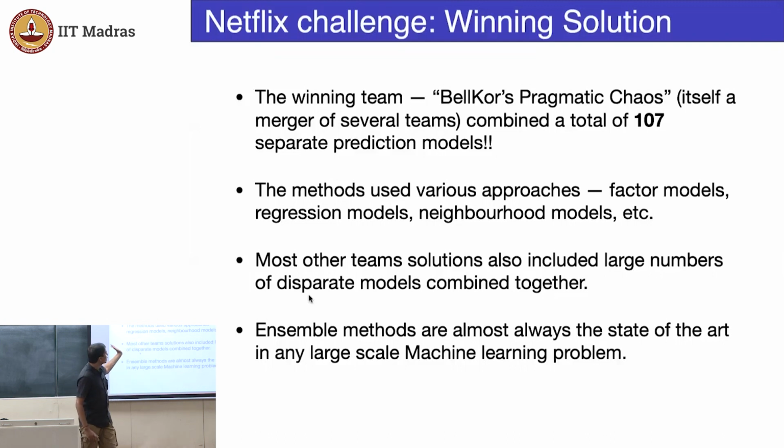And each method uses a different approach. There are several things you can use for recommender systems, like factor models, regression models, neighborhood models, and so on. We'll not look at what these are, but all of these are based on different ideas of how people rate movies, so they're based on different assumptions. One can say people like movies based on attributes, that is, they have a favorite director, a favorite genre, and that's how they rate movies.